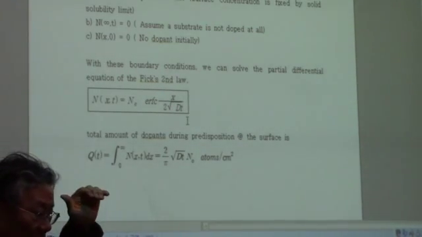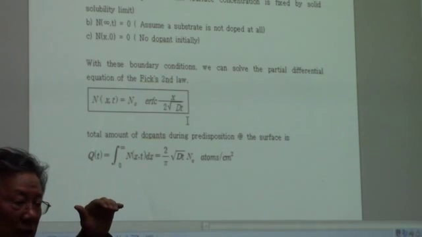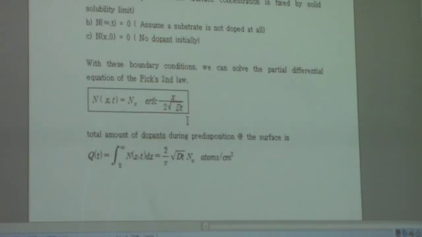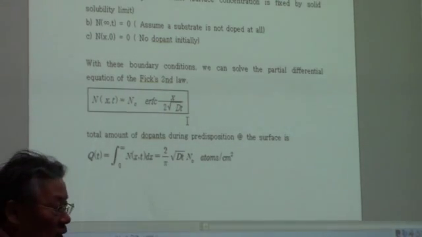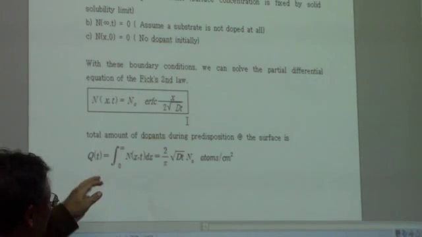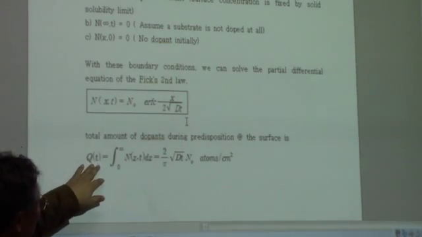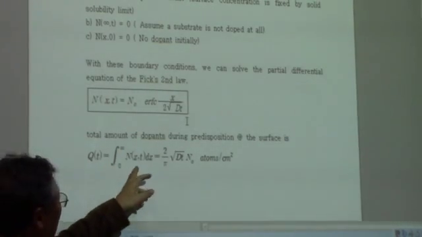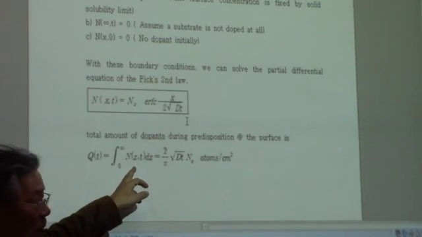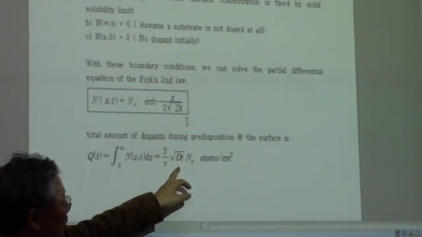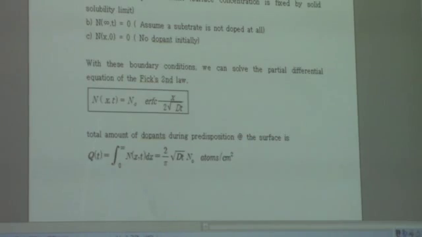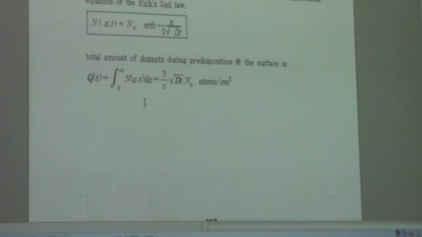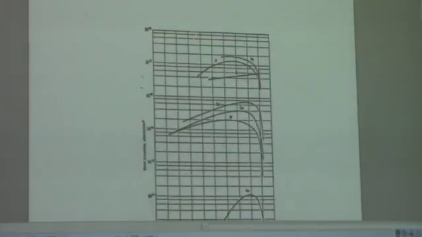The actual profile is important during the drive-in process, but for the pre-deposition process, the profile is not important. The amount of charges that we are going to put on the silicon wafer surface is the integration from the surface to infinity of this complementary error function, and we end up with this simple equation. So that is the amount of dopant atoms that we put during the pre-deposition process.